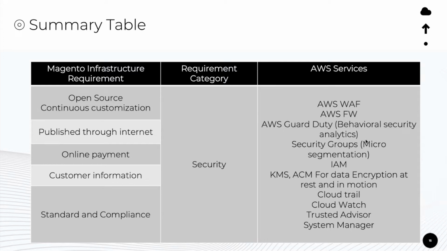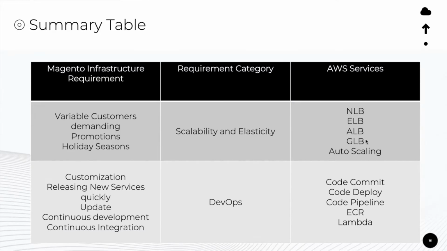All these security requirements can be satisfied by different AWS security services like AWS WAF, AWS Firewall, behavioral security analytics by GuardDuty, applying microsegmentation using security groups, and managing the encryption keys and certificates using KMS and ACM, and other services.